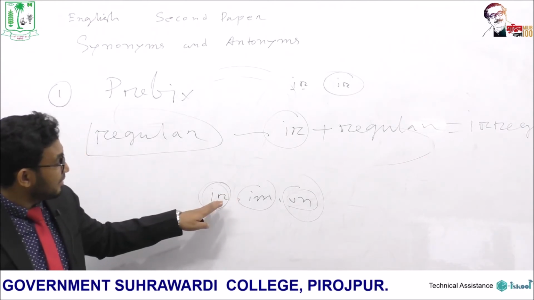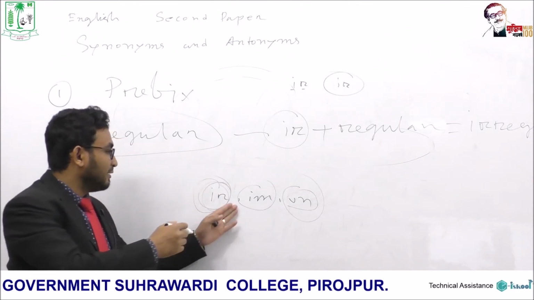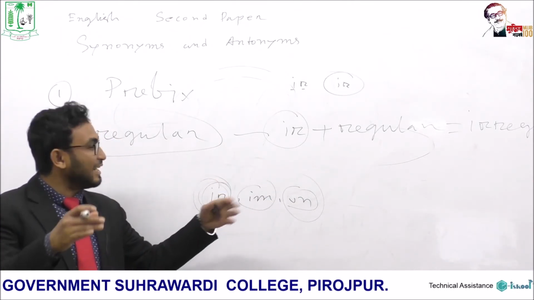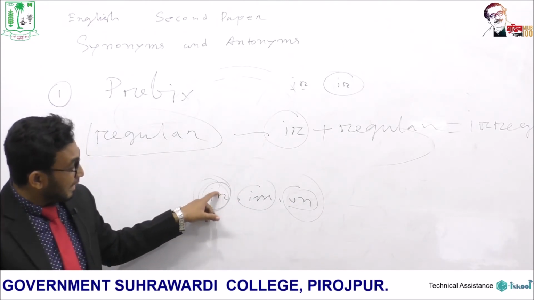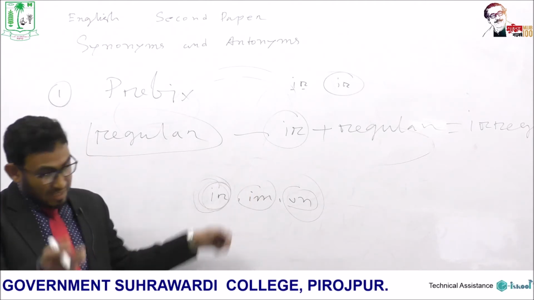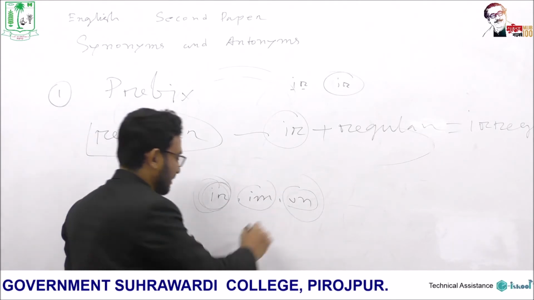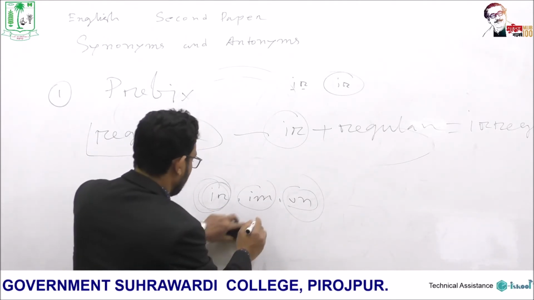So like upasargo, English prefixes have no meanings of their own. But when they are added with meaningful words, they change the meaning of the original words. For example, perfect. If I write perfect, you know the meaning.